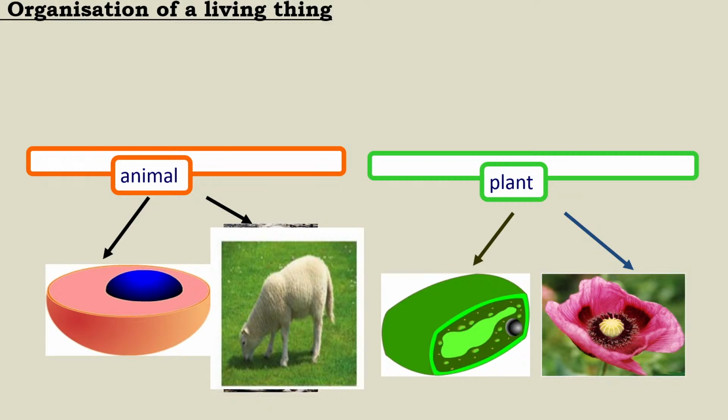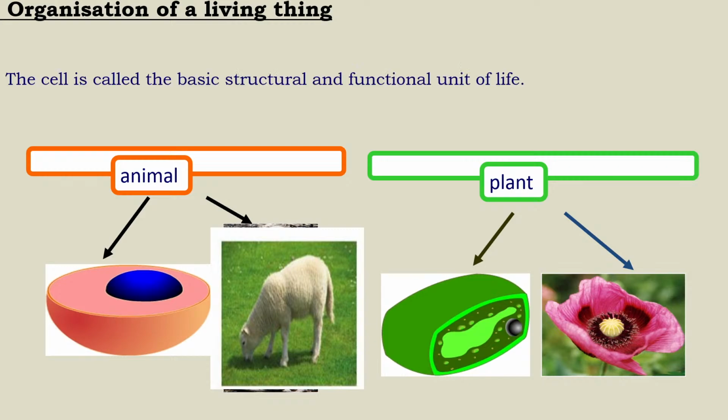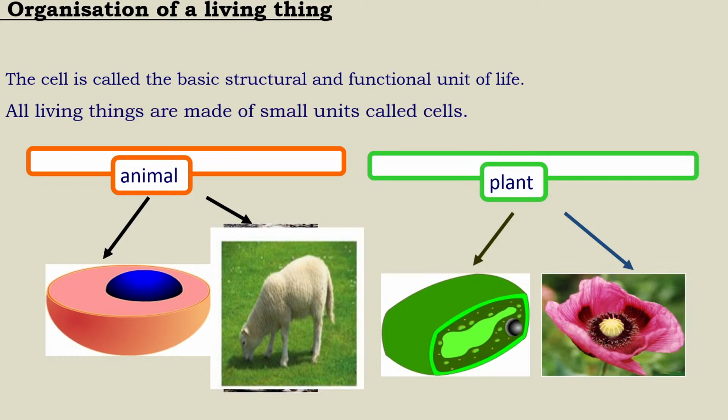Both are living organisms, and both are made up of something called cell. So all types of living things are made up of cells. So cell is called the basic structural and functional unit of life.